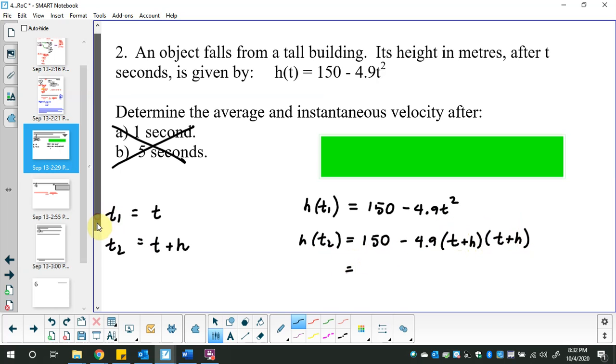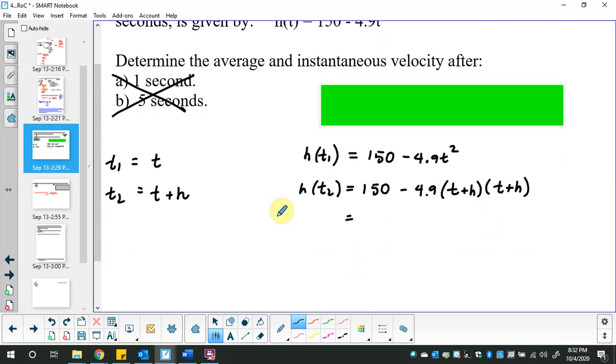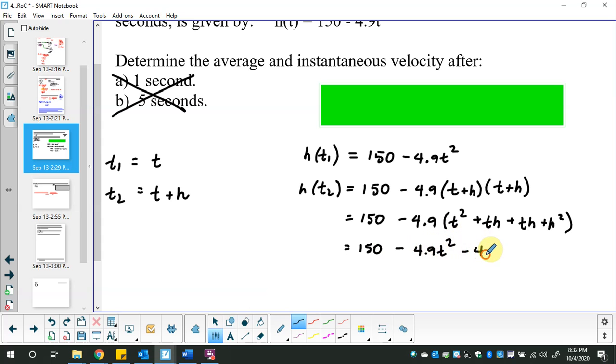So I'm about to pull this off right now. Once again, I remind you that there is a difference between annoying and difficult. So my first step is to FOIL. T times T, T times H, H times T, H times H. I'm going to choose to multiply the negative 4.9 into the bracket before I collect like terms.